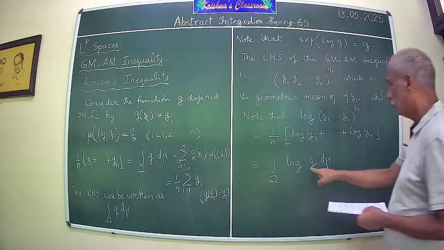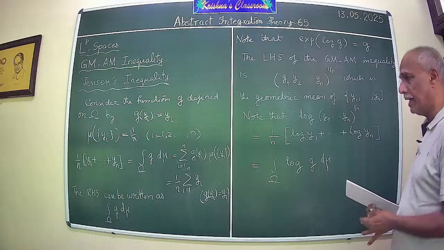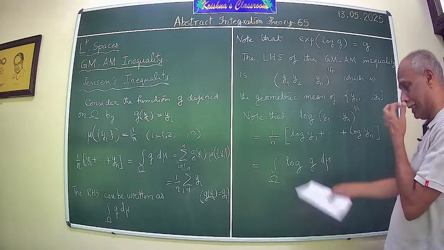Why? Because G of mu i is mu i. So this is the identity function.